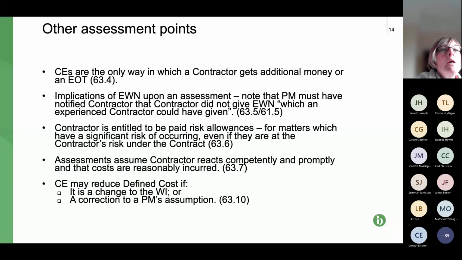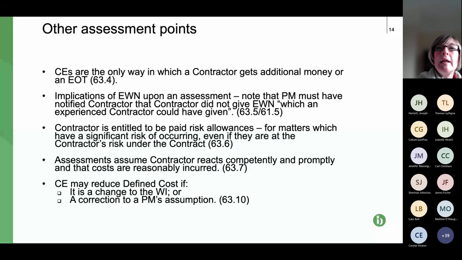Fourth bullet point. The CE is assessed on the assumption that the party doing the work, the subcontractor, reacts competently and promptly, and that costs are reasonably incurred. So that's to avoid a situation such as the contractor just being really slow and claiming the cost under a CE, or the contractor putting a load of staff on site to claim lots of money on a CE.